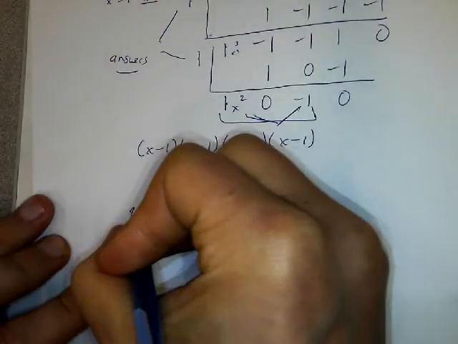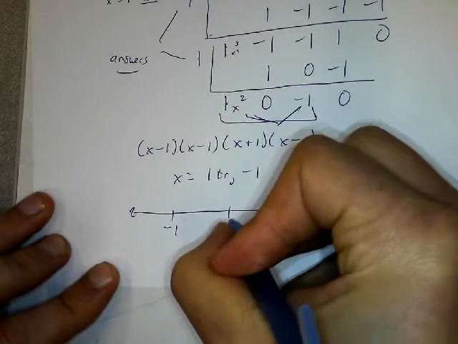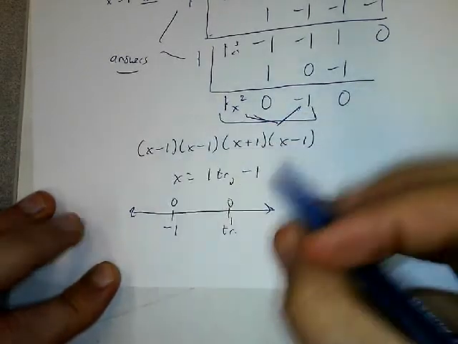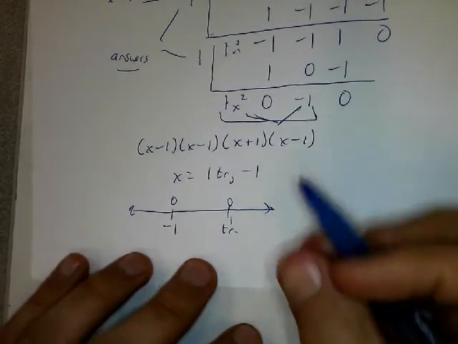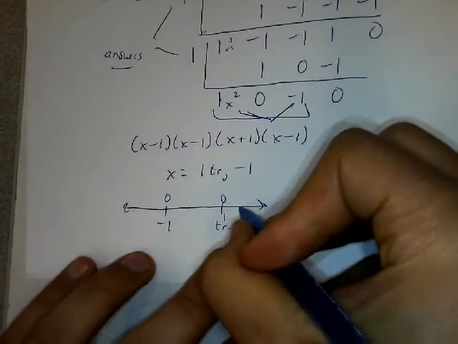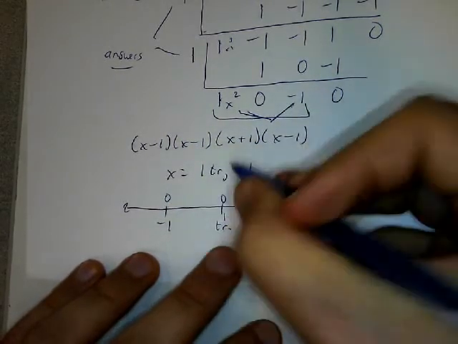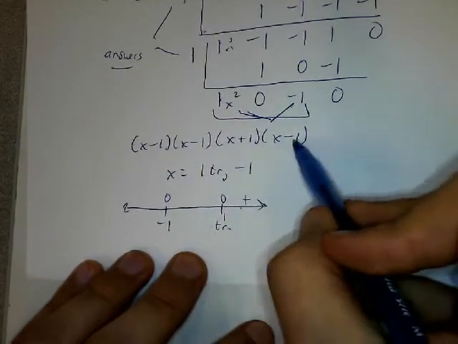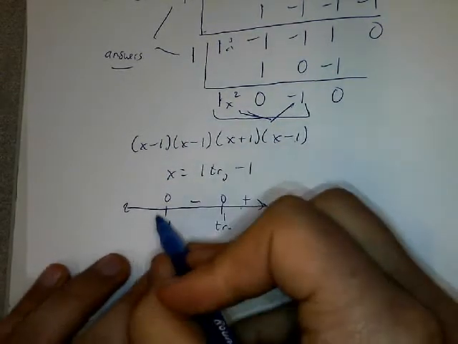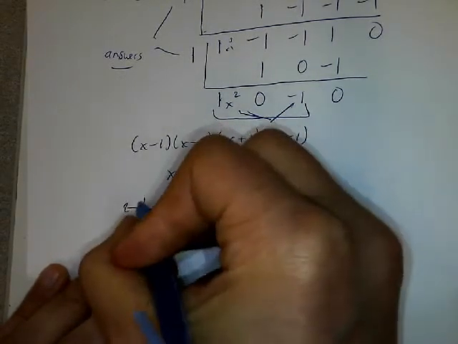If we do our sign analysis, again, I'm notating that it's a triple root. We now have, you plug in 5, positive, positive, positive, positive. Plug in 0, you get negative, negative, positive, negative. And you plug in negative 2, you get negative, negative, negative, negative, so positive.